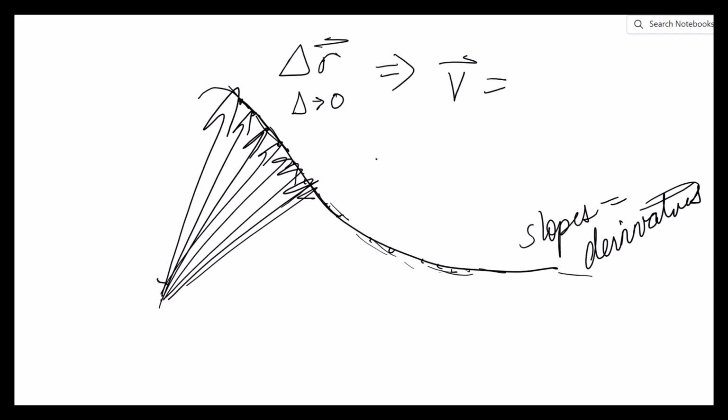So the velocity is dr/dt, which we already knew, except before we were doing it in one dimension, and now we're doing it in multiple dimensions. I've never in my entire life met a student who deeply cared that before we were doing it in one dimension and now we're doing it in an infinite number of dimensions. But now that's what's happened, okay?